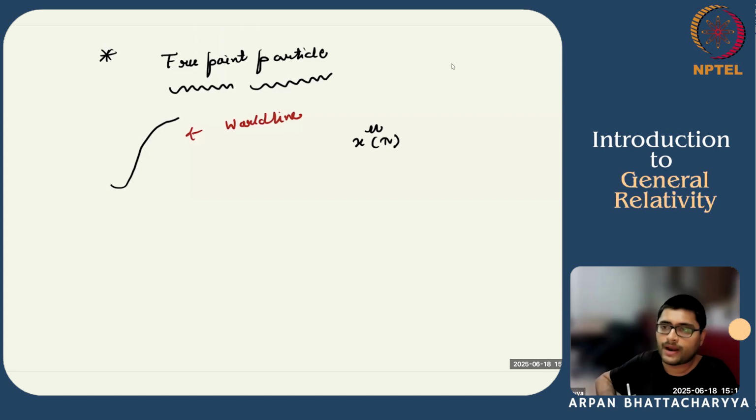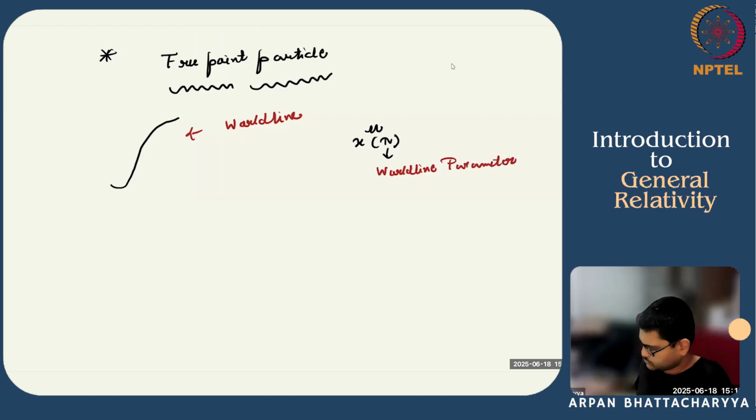Lambda is a real parameter which defines this trajectory, and we call it the world line parameter. So now all the points on this world line are functions of this lambda, which we denoted here, right?